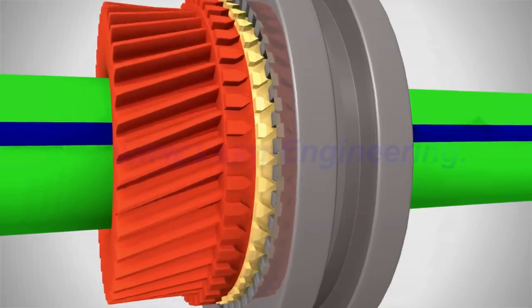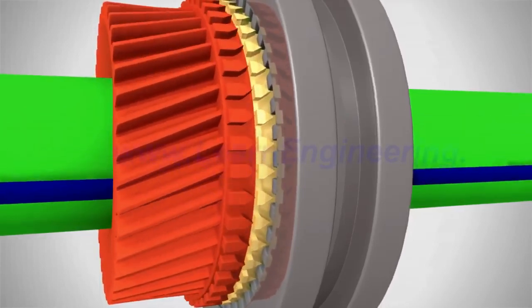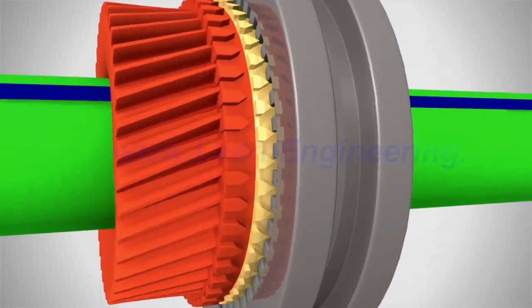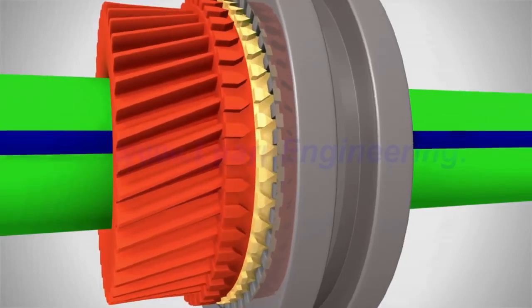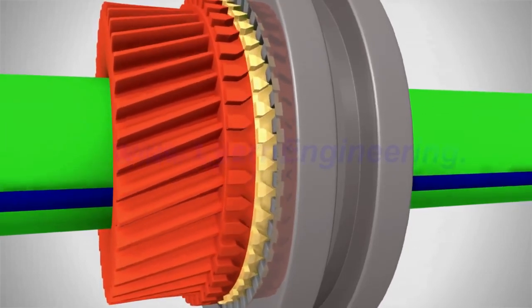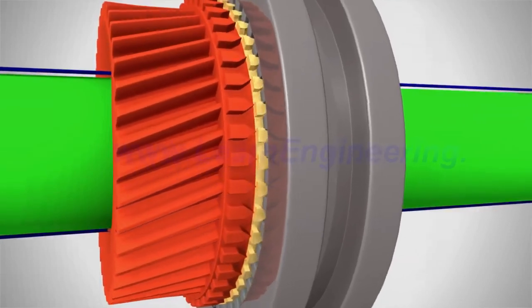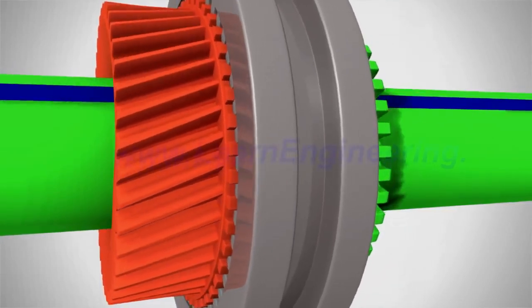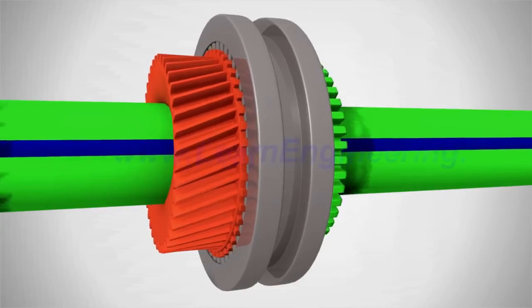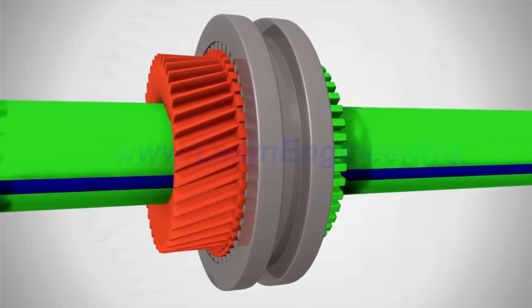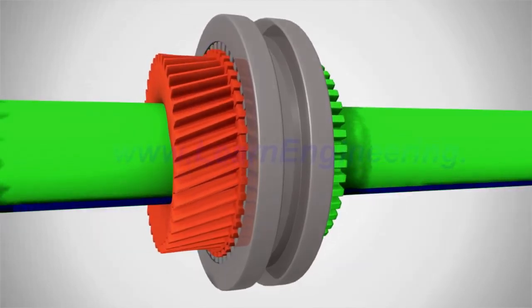Due to the high frictional force between the synchronizer ring and cone, the speed of the gear will become the same as the shaft. At this time, the sleeve can be slid in further and it will get locked with the gear. Thus, the gear gets locked with the shaft in an efficient and smooth way.